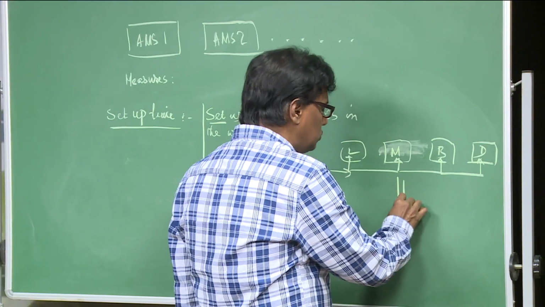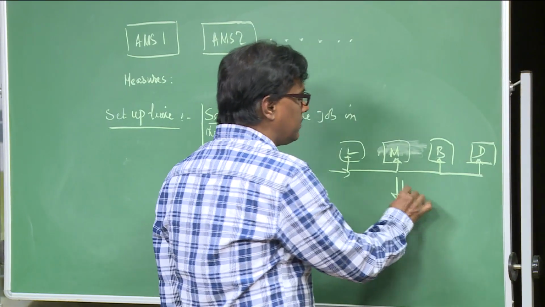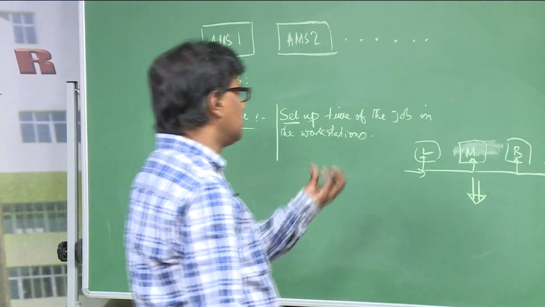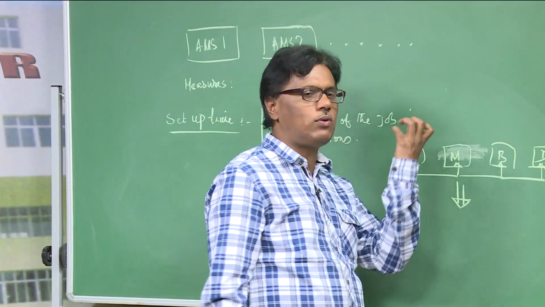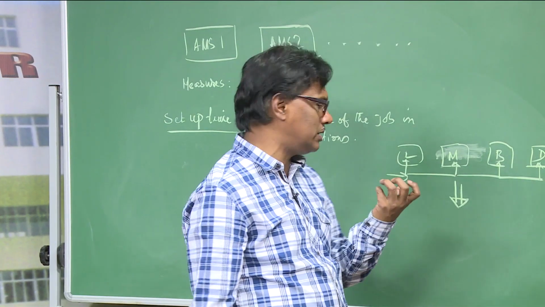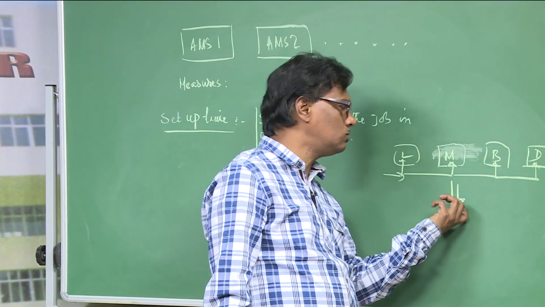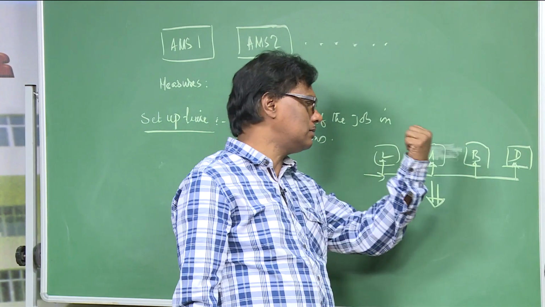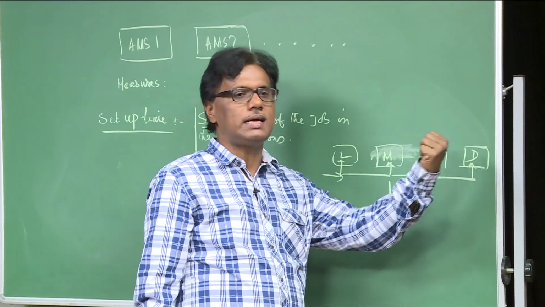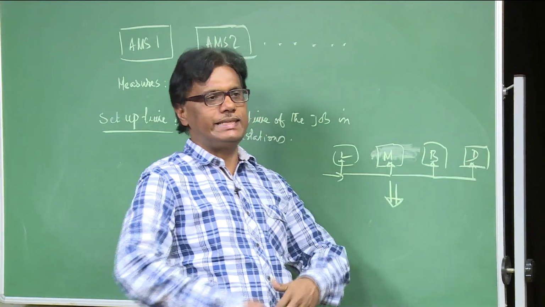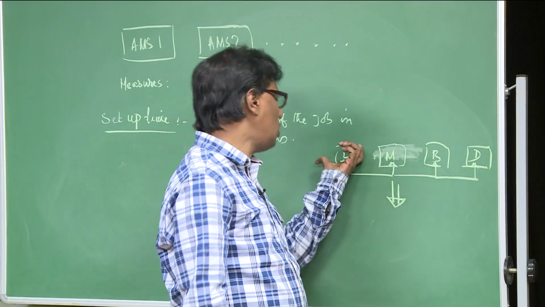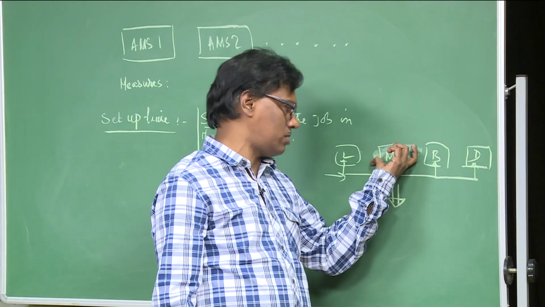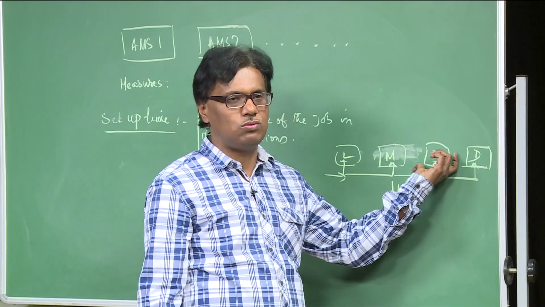This can be reduced drastically if I have a machine where I can perform the operations on a single machine, this operation, this operation, this operation and this operation. Of course, in a single machine all operations of a lathe cannot be performed, nor all operations of a milling, boring or drilling machine.